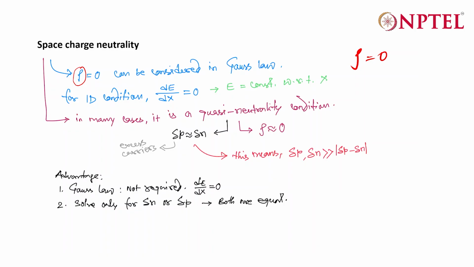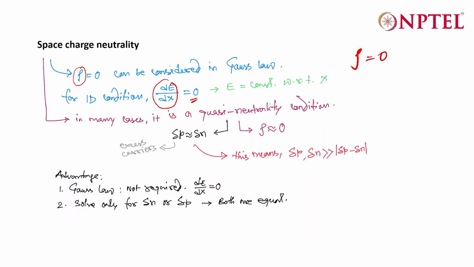And if you consider rho is equal to 0, the equation associated with Gauss law will reduce to dE by dx is equal to 0 for the 1D condition. In this case, let us consider only the 1D situation.